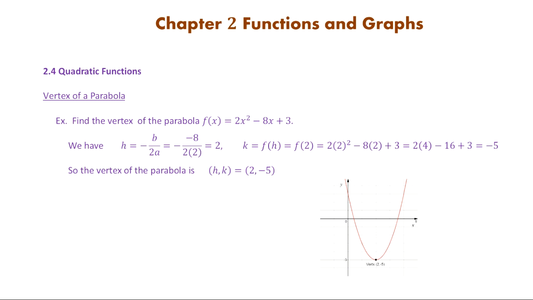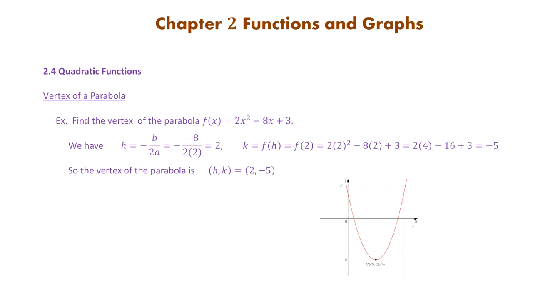Previously, when we did this kind of problem, we just completed the square and got the vertex at the end. But since we have the formula now, we can use the formula directly instead of doing all the steps. So we just use the formula h equals negative b over 2a.